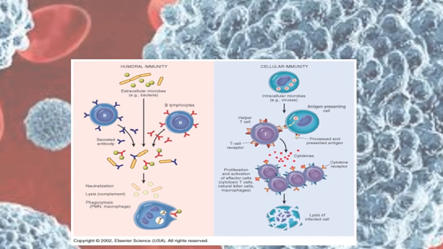Take a look at the humoral and the cellular immunity. The humoral immunity is carried out by the antibodies that are secreted by the B lymphocytes, in a way that these antibodies attach to the antigens, and the antibody and antigen complexes will be eliminated by the phagocytes.